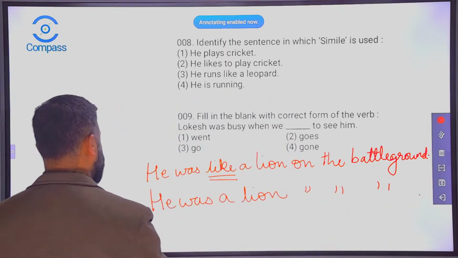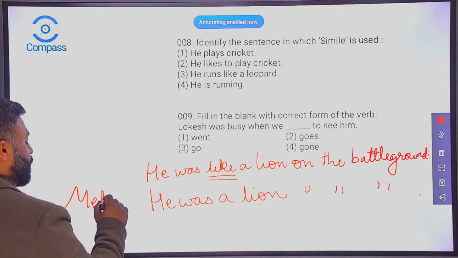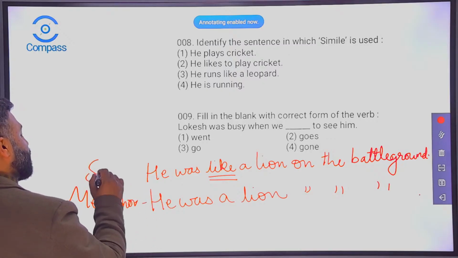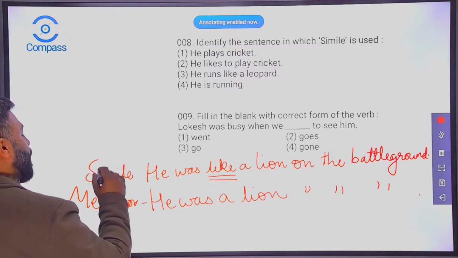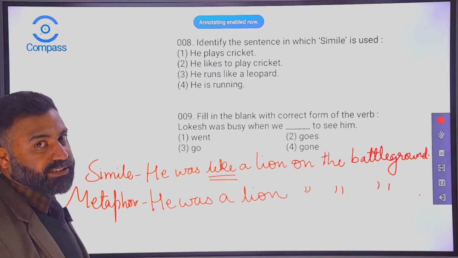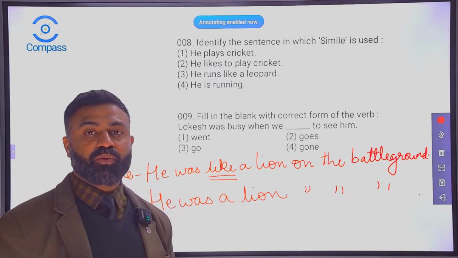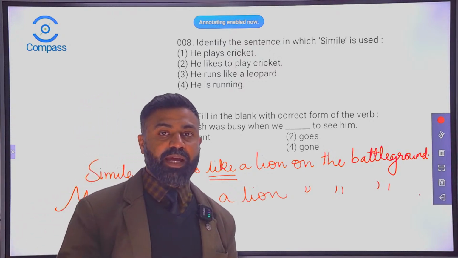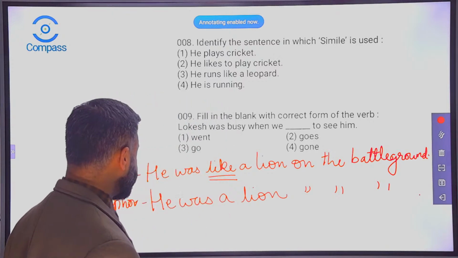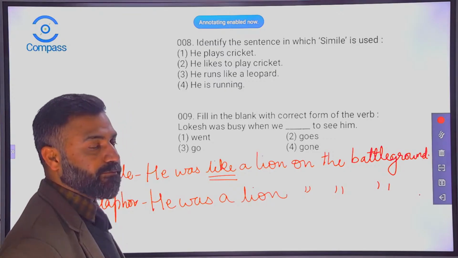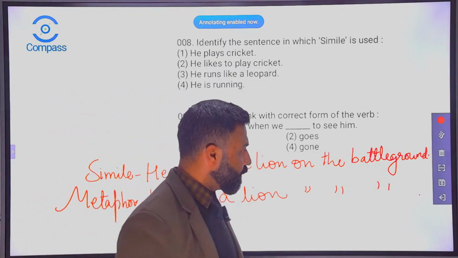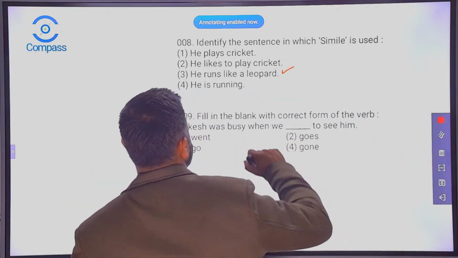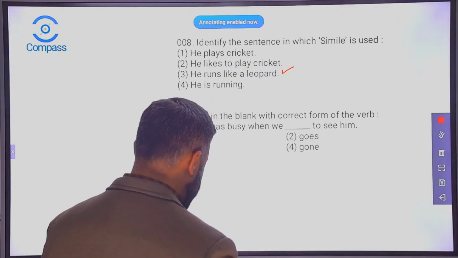So what is this? This is a metaphor, right? And this is a simile. Fine, that's the difference. Both of them show comparison. One shows comparison with the help of like and as. The other one shows comparison without using these words. That's the difference here. So this is the correct answer here: He runs like a leopard. Question number 9 we are going to do.